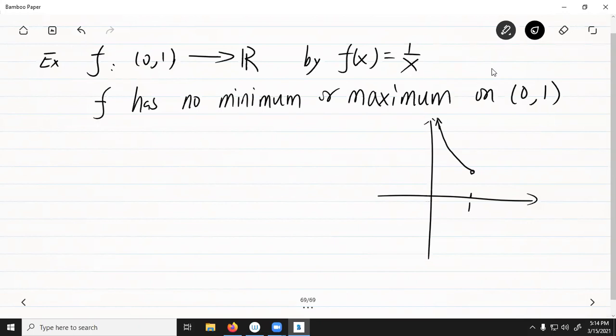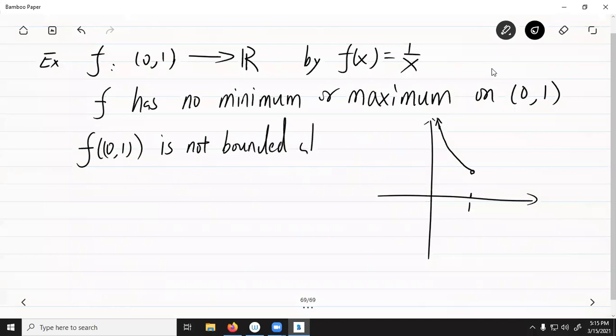Why? The reason is, look at the image. The set of images is a set of the y values, the f values. This set is not bounded above.